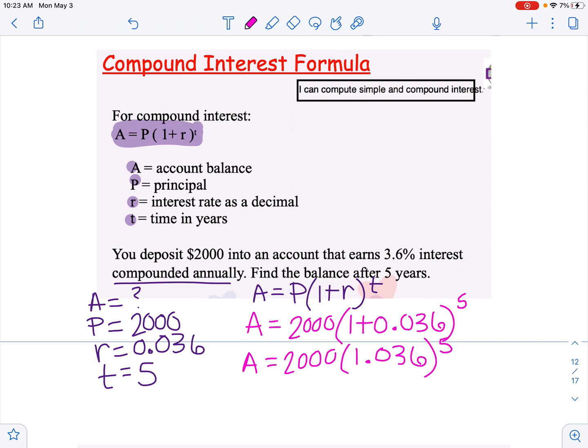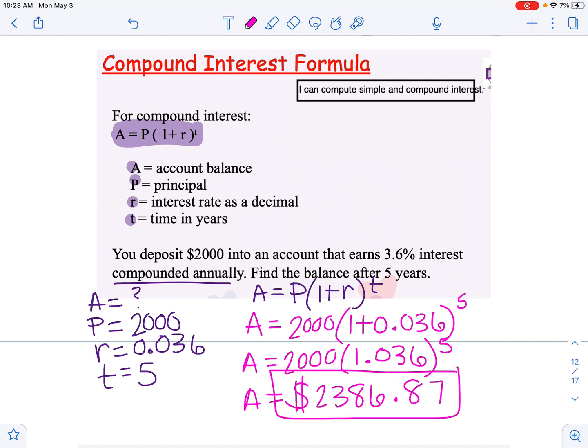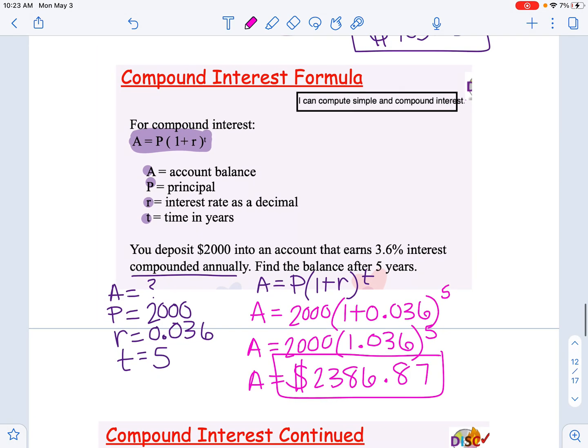This decimal that goes on. So without rounding or anything, I'm just going to hit times 2,000. And that's going to give me the most precise answer. We have A equals 2,386.87. So $2,386.87.